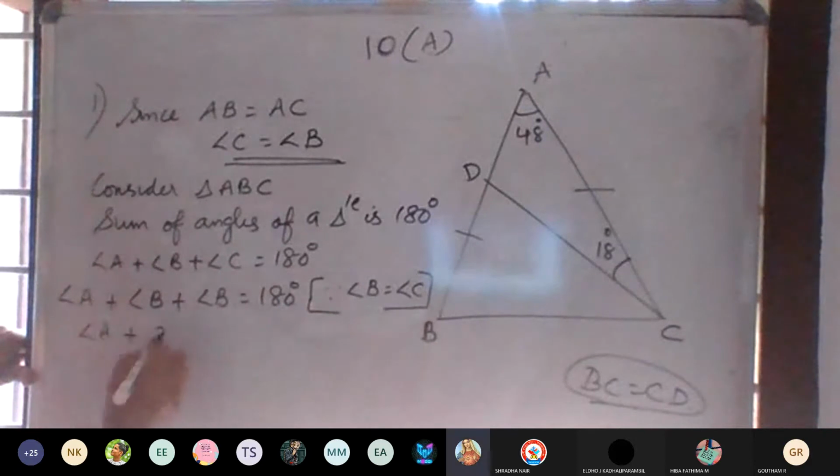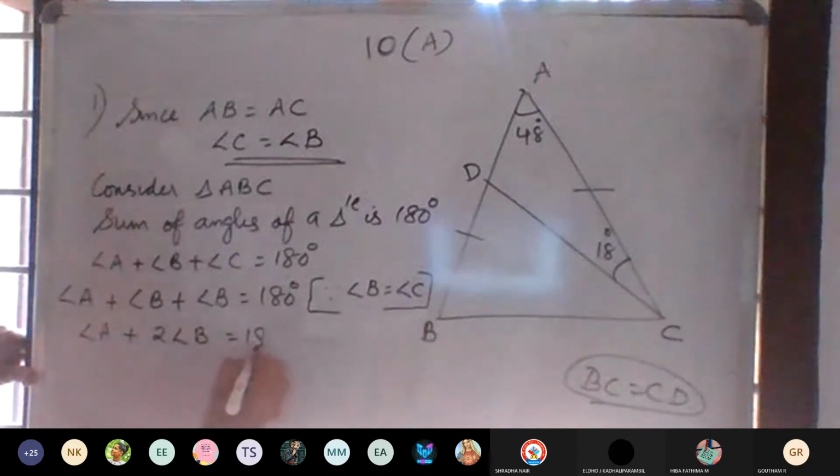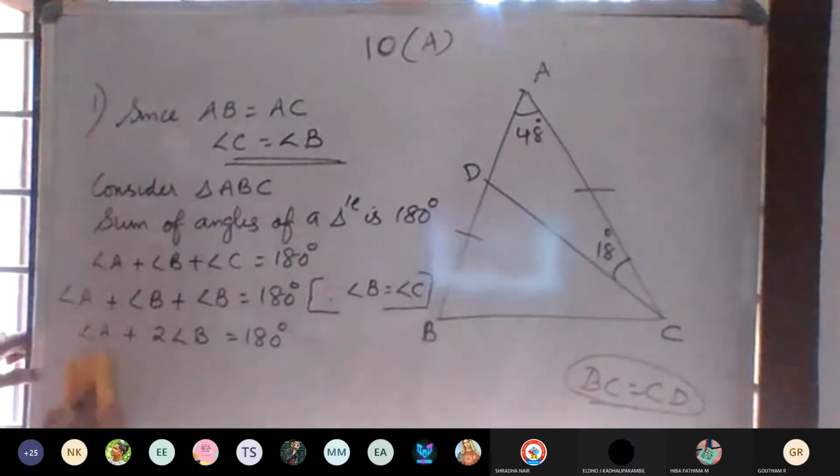So angle A plus 2 angle B is equal to 180 degree. Angle A is given as 48 degree, so instead of angle A we can replace it as 48. 48 degree plus 2 angle B is equal to 180 degree.